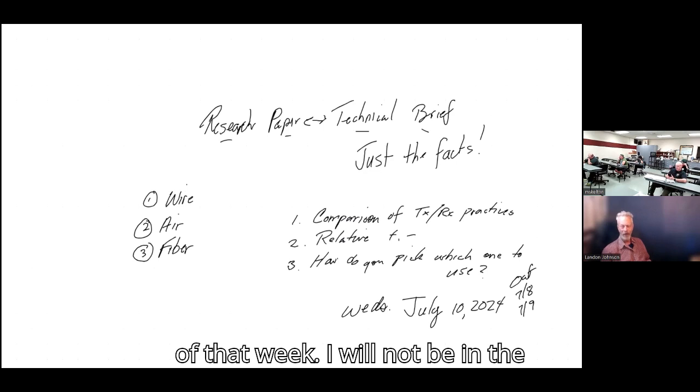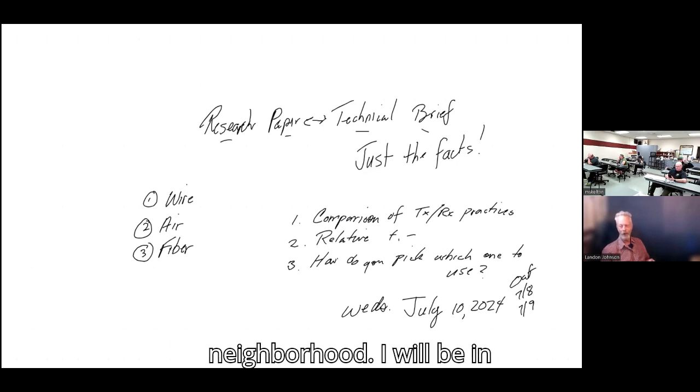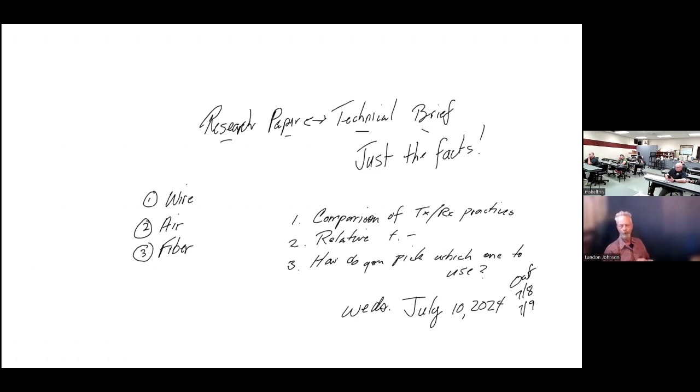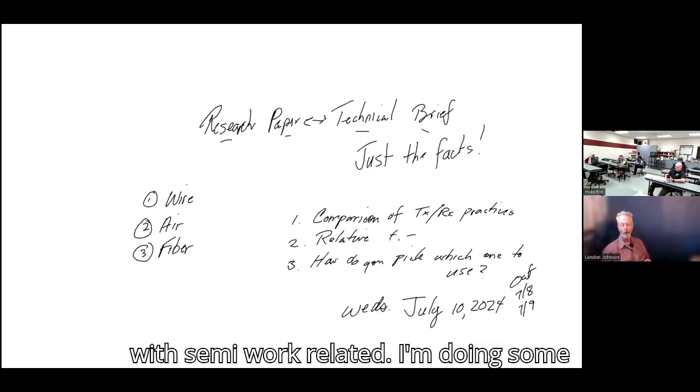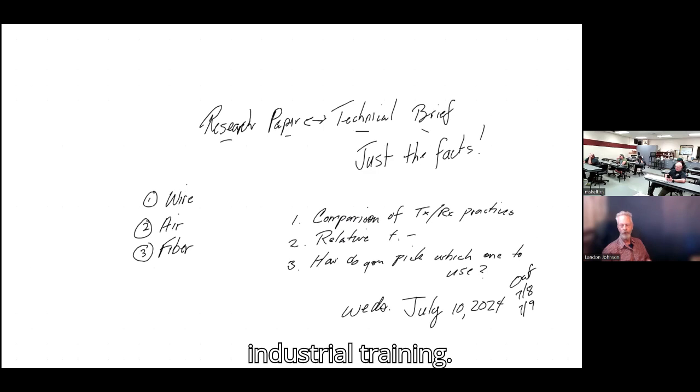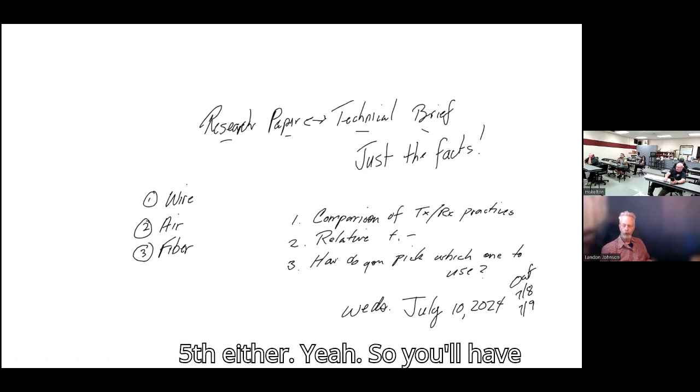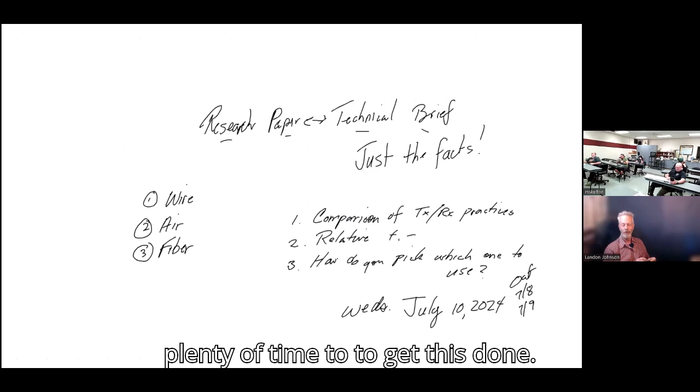I will not be in the office. I will not even be in the neighborhood. I will be in Eastern Washington for those 2 days. It's semi-work related. I'm doing some industrial training. Okay. And we won't be here the 4th or the 5th either. Yeah, so you'll have plenty of time to get this done.